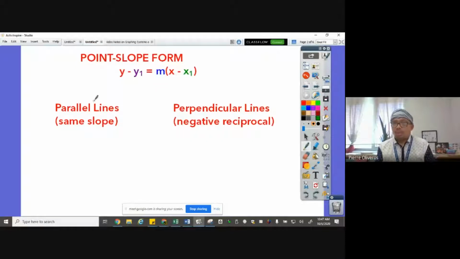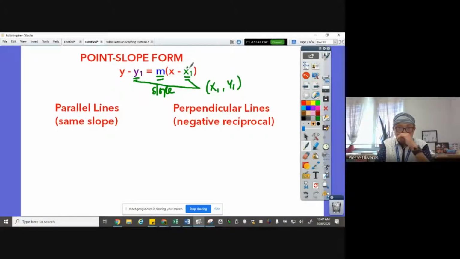The formula for point slope form is y minus y sub 1 is equal to m times the quantity x minus x sub 1, wherein m is your slope and x sub 1 and y sub 1 are the coordinates of a point, the point (x sub 1, y sub 1). The x coordinate goes here and the y coordinate goes there. The x here and the y here are just y and x, so you don't have to do anything there. And they're both minus there.